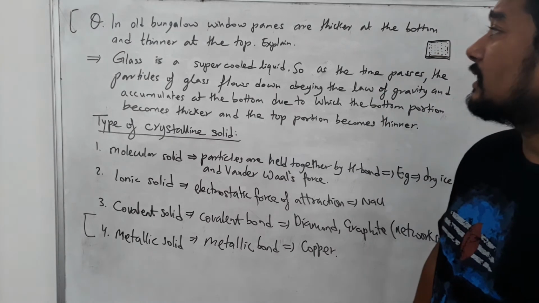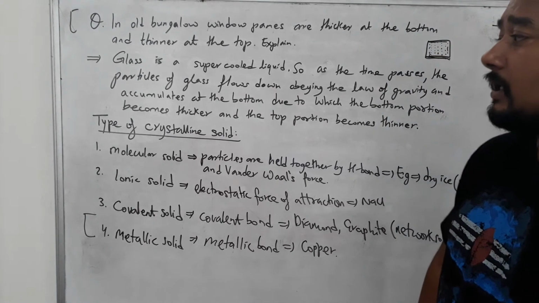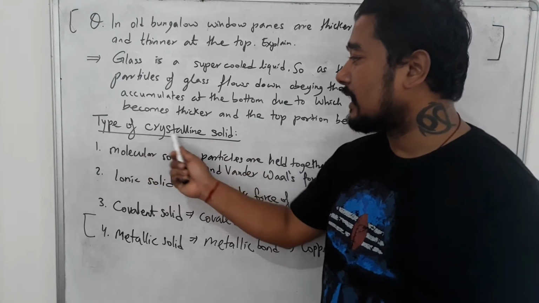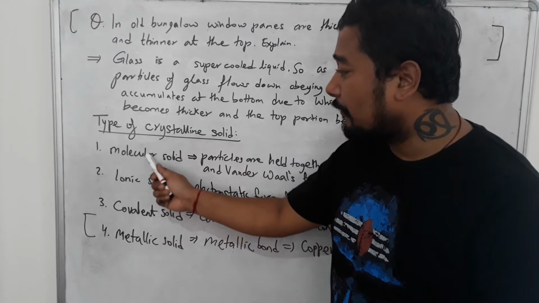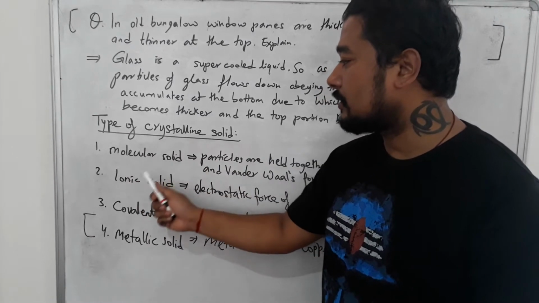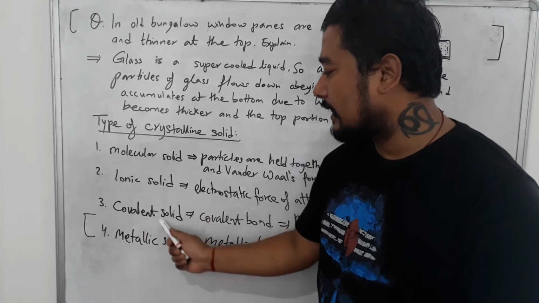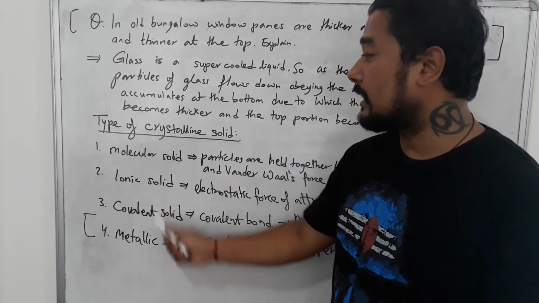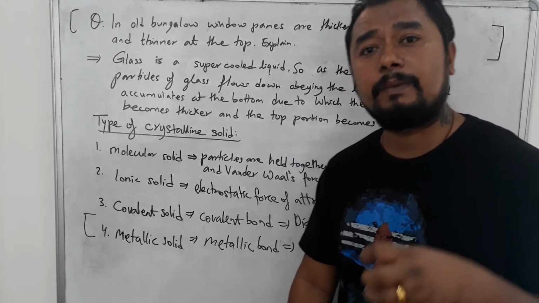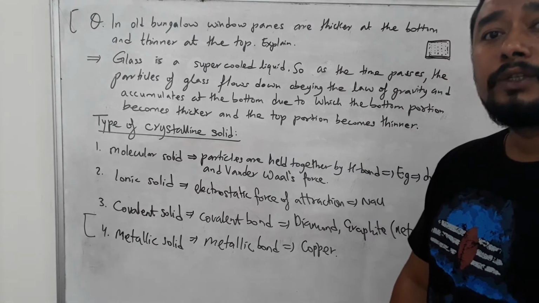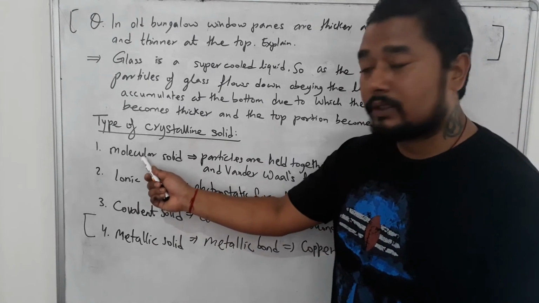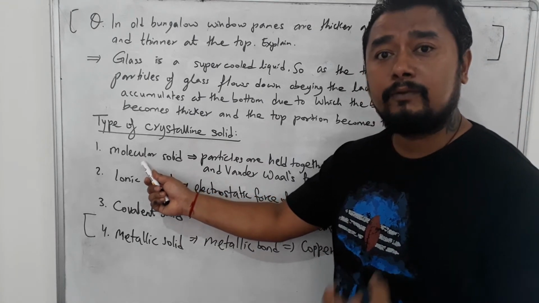We have already seen the difference between amorphous and crystalline solid. Now we will see the types of crystalline solid, students. There are 4 types of crystalline solid: molecular solid, ionic solid, covalent solid and metallic solid. And you know that all solids are composed of particles, maybe ion, atom or molecule. So first let us see, in molecular solid the particles are held together by which force?